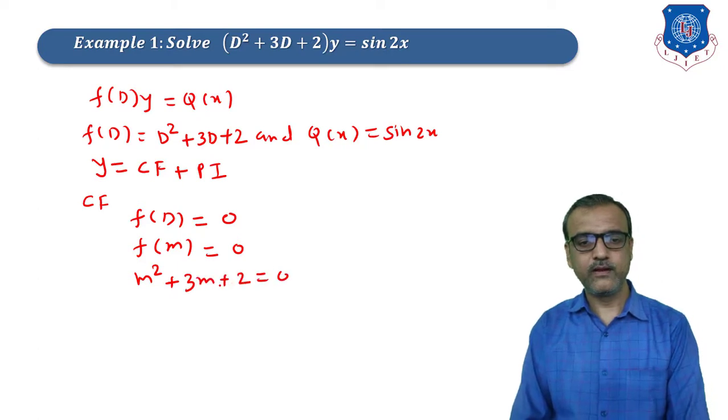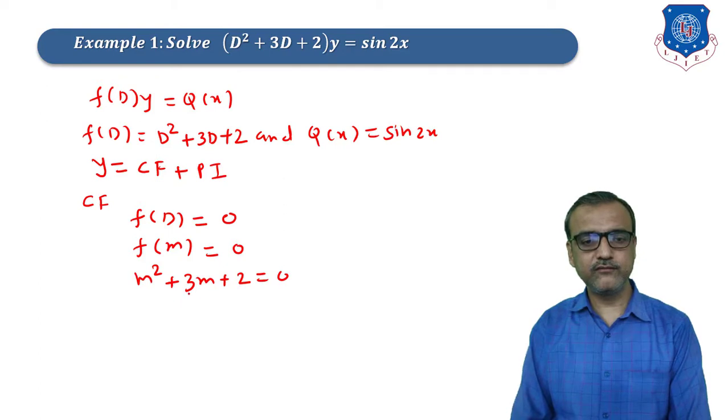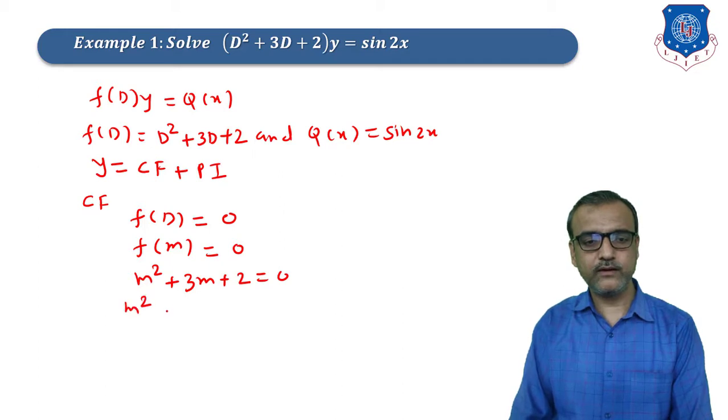Now we will factorize this equation. We will split the middle term 3m. So we will find two terms such that their product is 2 and their addition is 3. Those two numbers are 2 and 1: 2 times 1 is 2 and 2 plus 1 is 3. So we have m square, we split 3m as plus 1m plus 2m, plus 2 as it is, equals 0.